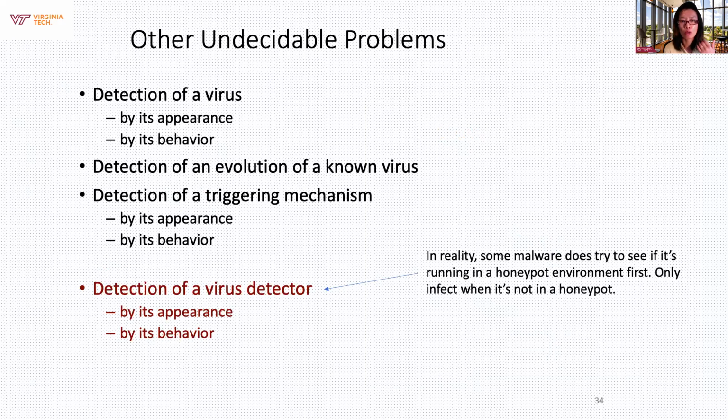Undecidable problems also include the detection of a virus by appearance or by its behavior, understanding the evolution of viruses, whether this and that are related in the same family, and understanding the triggering mechanism. These are all impossible and undecidable. Interestingly, he also mentioned that the detection of a virus detector is undecidable.